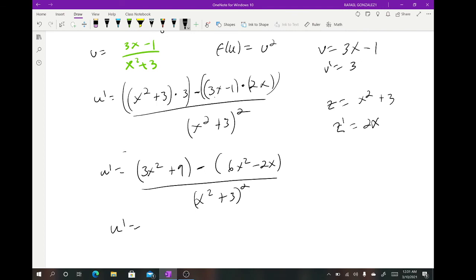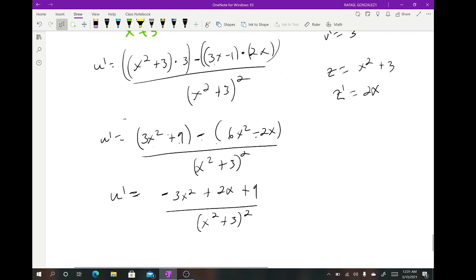If we simplify a little bit more, u prime is now going to be equal to 3x squared minus 6x squared, that's minus 3x squared. Minus and minus is plus, so plus 2x, and then plus 9, that's the numerator. And the denominator is going to be x squared plus 3 squared. I'm not going to simplify that more.